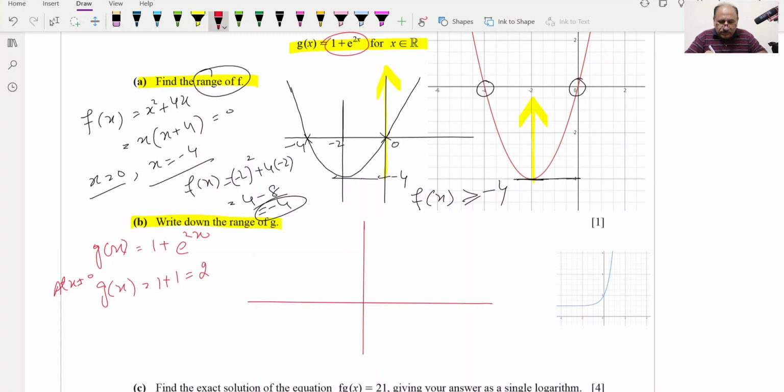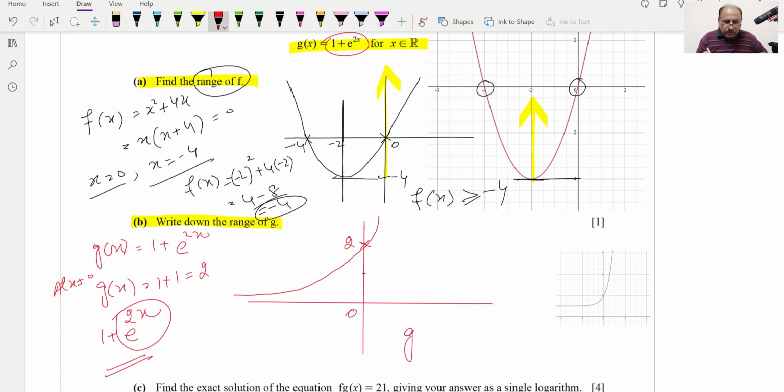So 2 value we can take here, 1 and 2, so this will be 2. Since it is 1 plus e raised to 2x, and e raised to 2x is a positive value, it will always be more than 1. It will never reach the value 1, so it will be passing through 2 and moving like this. This will be our sketch, and this is the origin.